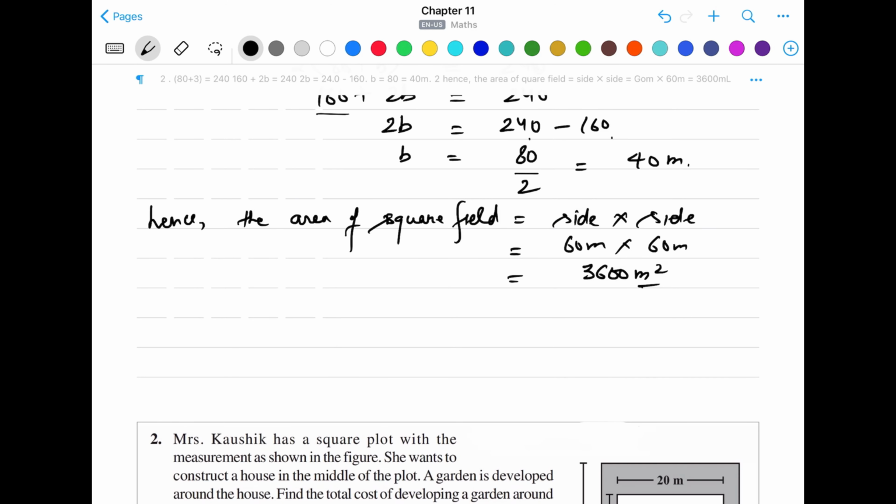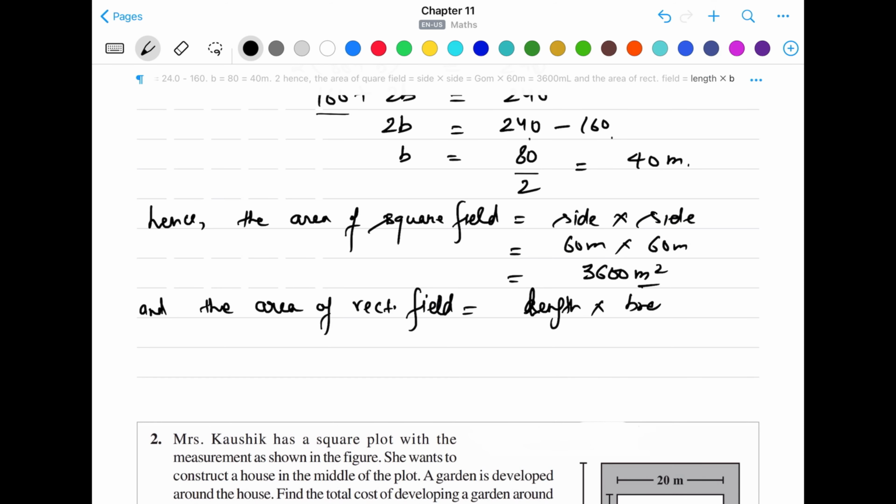In a similar way, the area of the rectangular field is given as, the area of a rectangle is given by length into breadth. That is, area equals length into breadth.